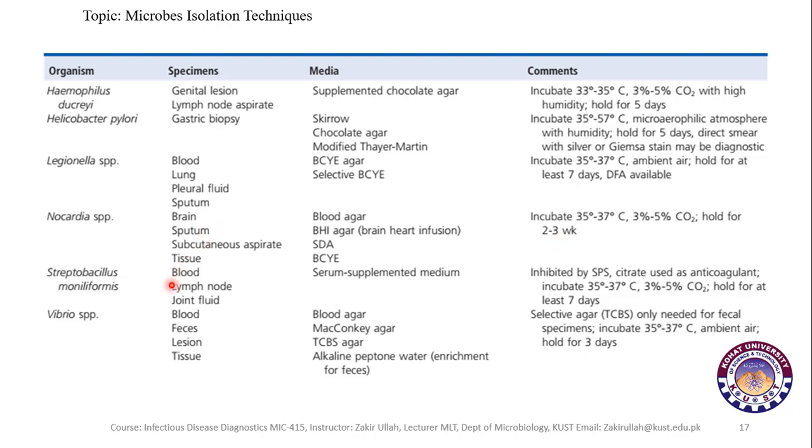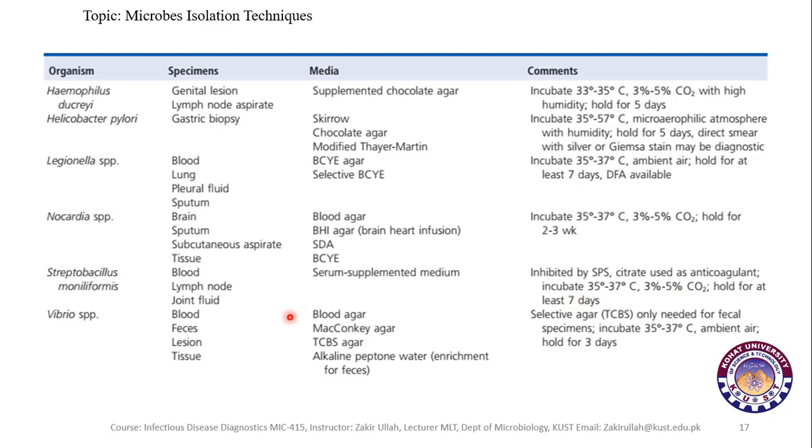Streptobacillus moniliformis is isolated from blood, lymph node and joint, and a serum supplemented medium is used. It is inhibited by SPS, and citrate is used as an anticoagulant in this medium. It is incubated at 35 to 37 degrees centigrade in microaerophilic conditions and held for up to 7 days.